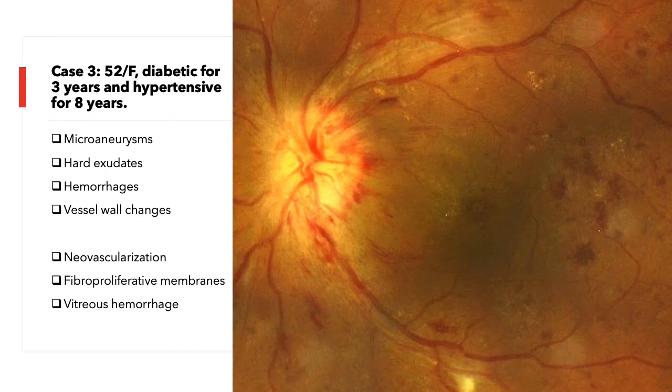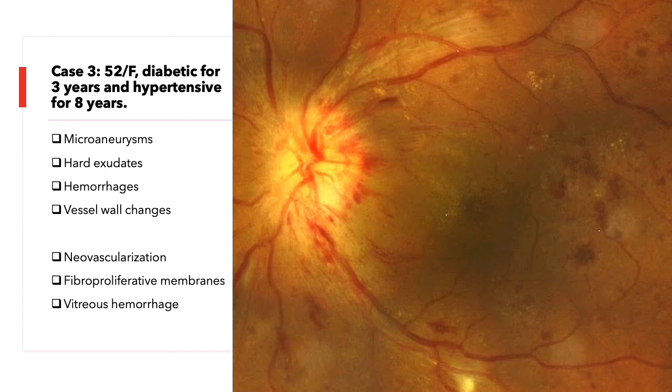But try to look for abnormal-looking new vessels. Do you see some? Okay, I agree. There are no obvious new vessels. So I would say that this patient has non-proliferative diabetic retinopathy.